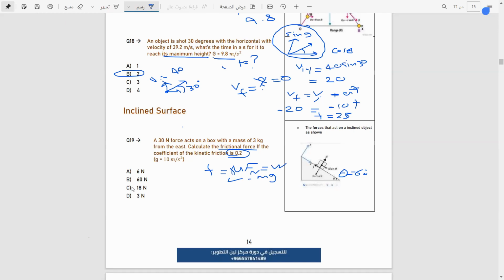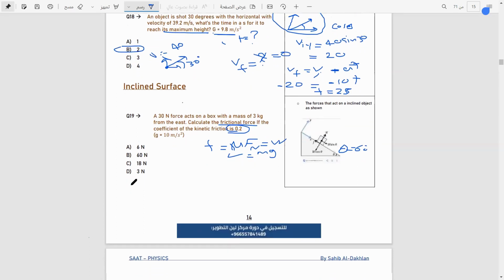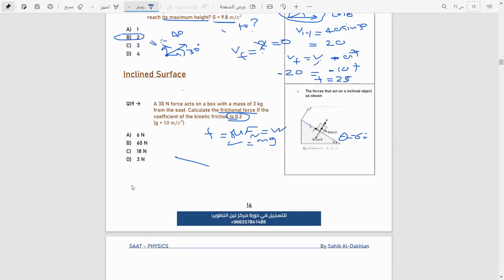M times G. Now, we want to find the weight of this box, for example. How do we find it? Let me draw it here a little bit. Suppose this is a box here, and I say that the angle here is 60 degrees.